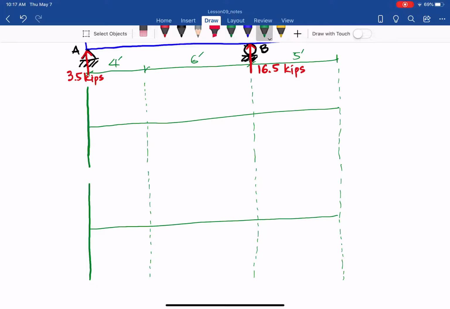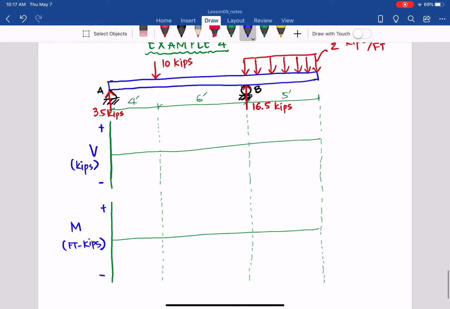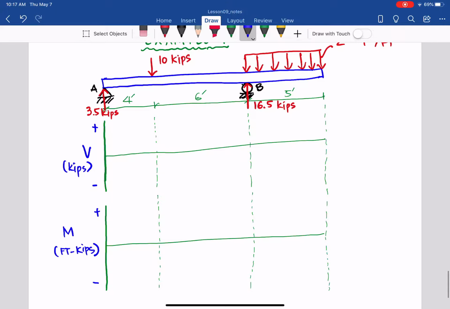So we have shear V, in this case in kips, and we have moment, and in that case it will be foot-kips. And we have positive, negative, positive, negative.